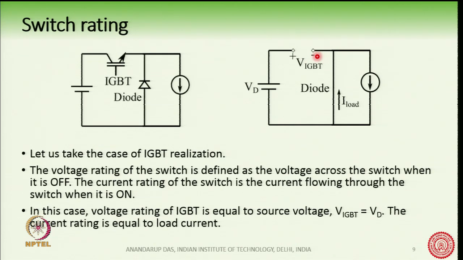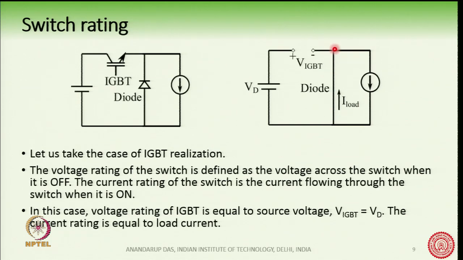When the IGBT is turned off, the circuit looks like this. As I have told earlier, S1 and S2 are complementary in nature. So, if the IGBT is turned off, the diode is turned on. I have put a short circuit here, and through this short circuit the load current is flowing.